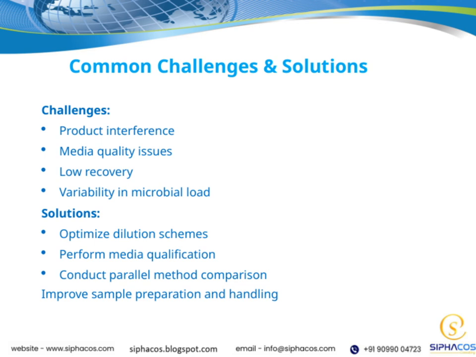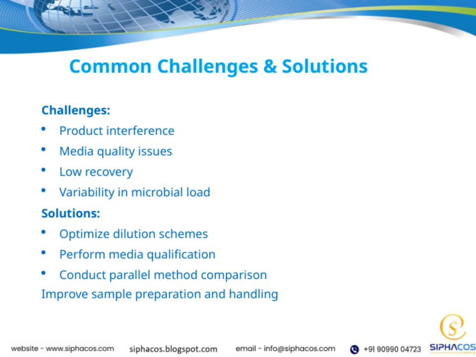Low recovery rates are also problematic, meaning we might not be detecting all the microbes present, which affects the accuracy of our assessments. Additionally, variability in microbial load can occur from sample to sample, making it harder to establish consistent standards. To address these challenges, we have several solutions.